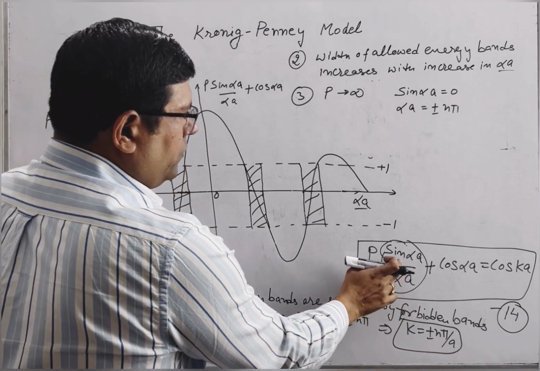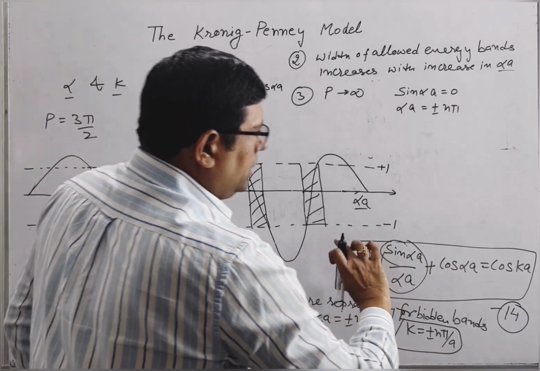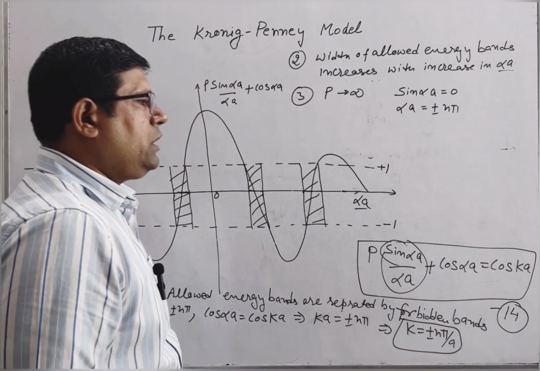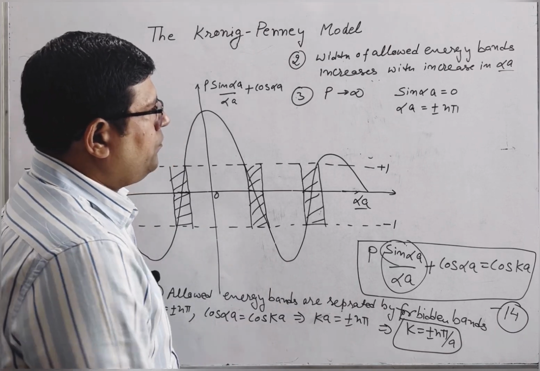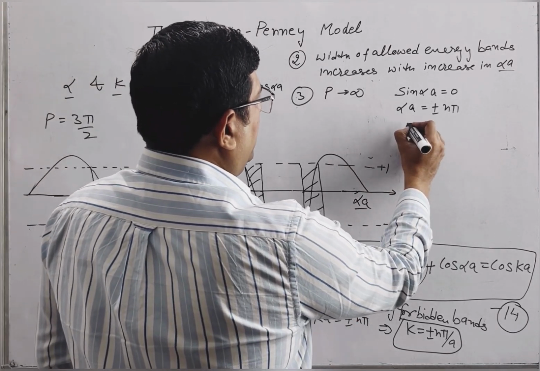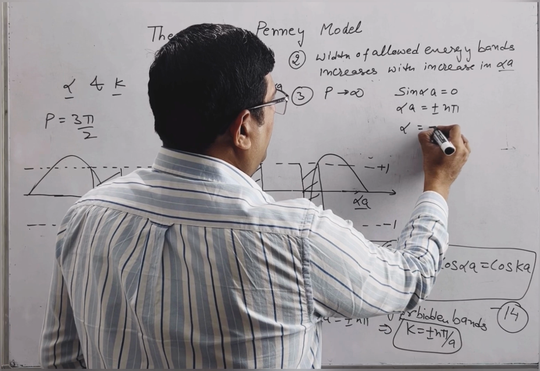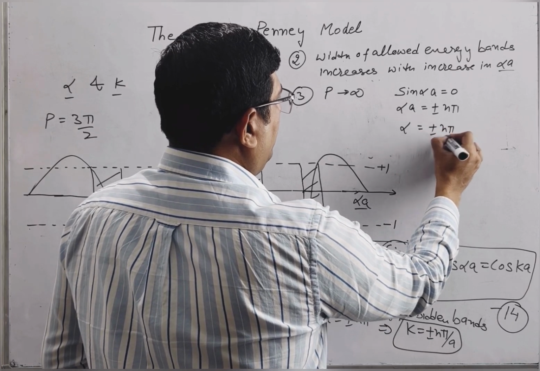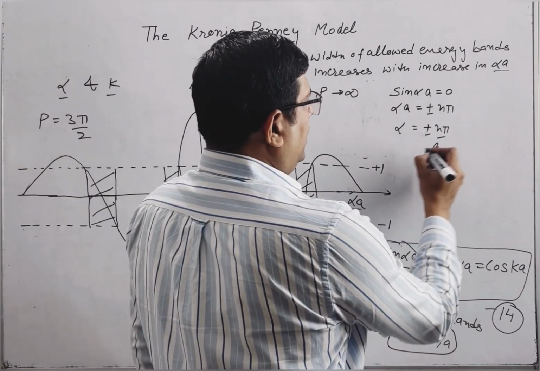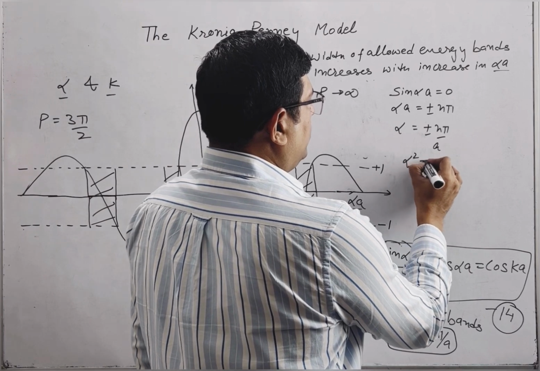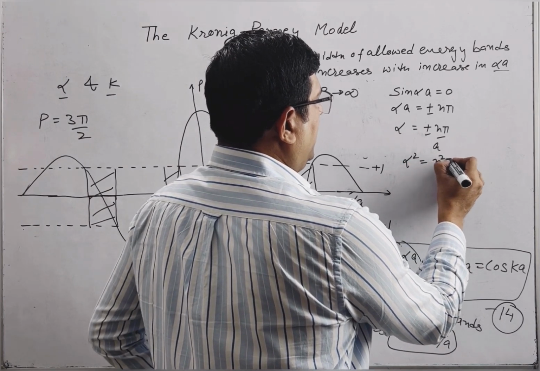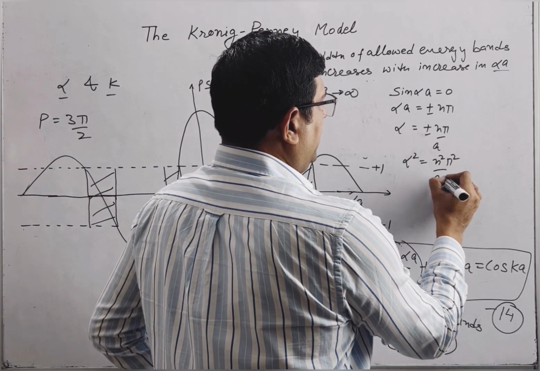This will give this term 0, otherwise this left hand side will become infinite. Okay, so from here alpha equal to plus minus n pi by a and alpha square equal to n square pi square upon a square.